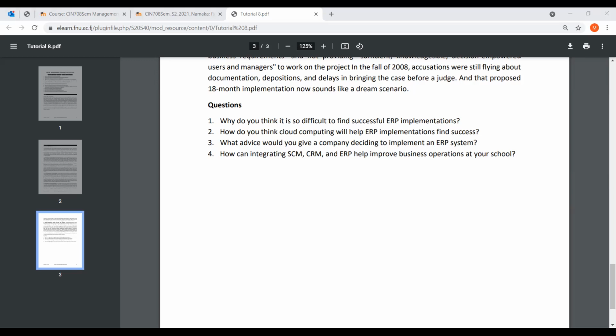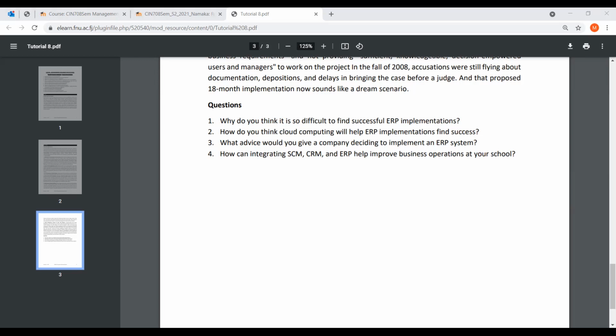And diversification, D-I-V-E-R-S-I-F-I-C-A-T-I-O-N, diversification among processes, comma, with such massive complexity and diversification among processes, comma, it is difficult to customize.